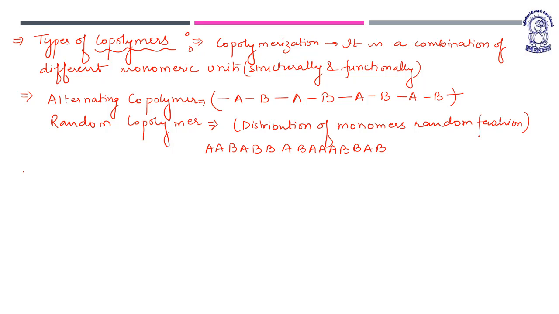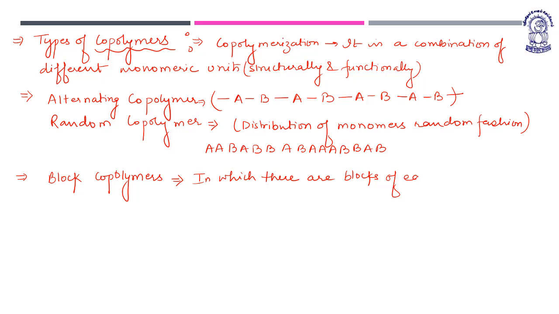Then come the block copolymers, in which there are blocks of each monomeric unit alternating with each other.